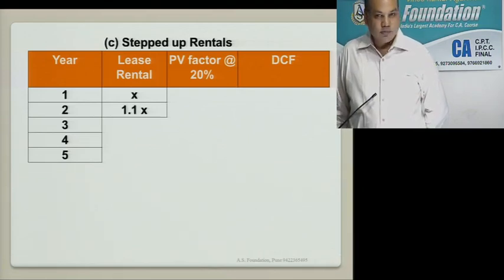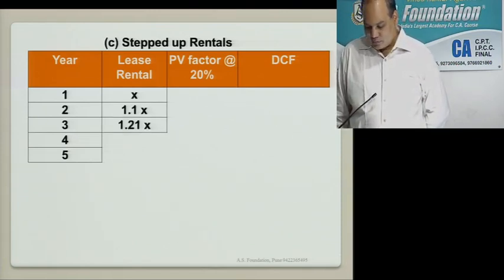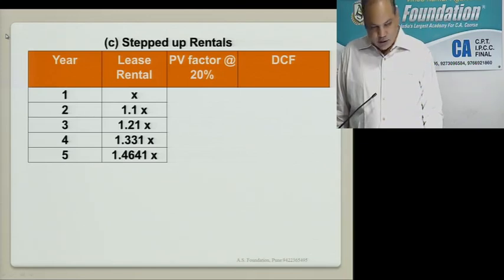Then again 10% more than previous year, 1.21x, plus 10%, 1.331x, plus 10%, 1.4641x. Right? These are the rentals for next 5 years.